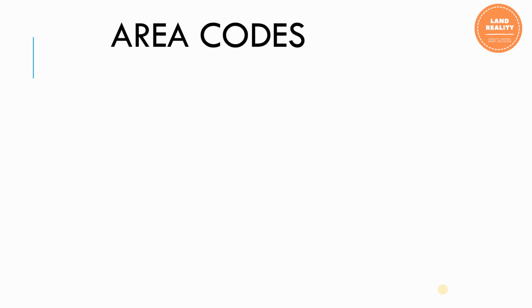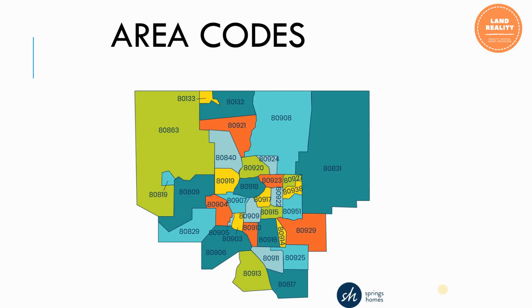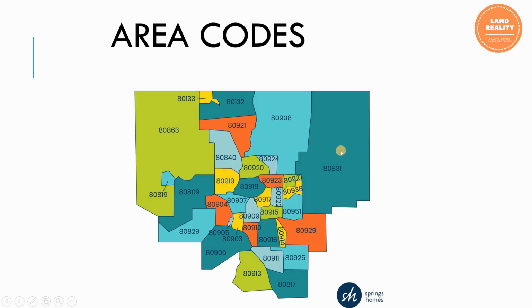It's also important to know that area codes can be used to map things. Here we have an example of a bunch of them for different locations. You see them? Different locations. Some of them are very large. You see this one, very large. This one is very large.